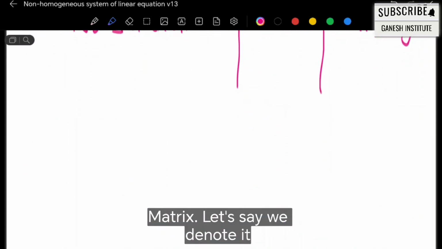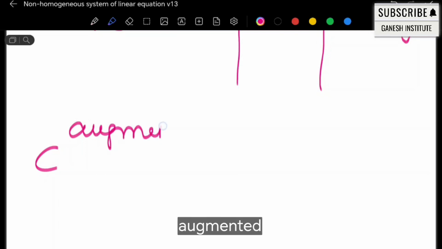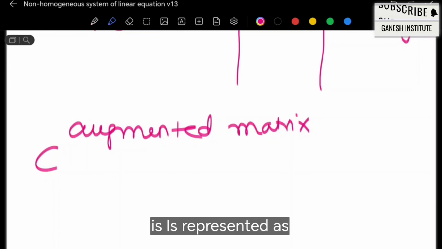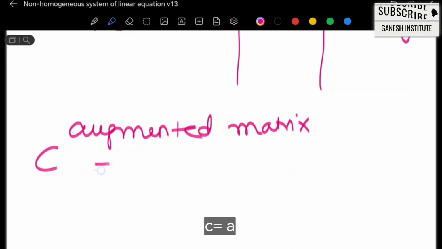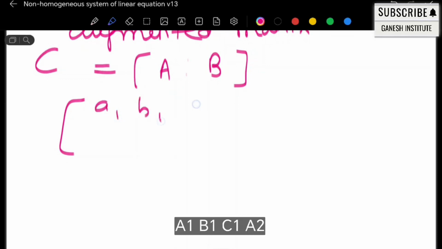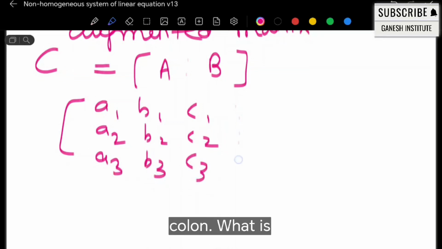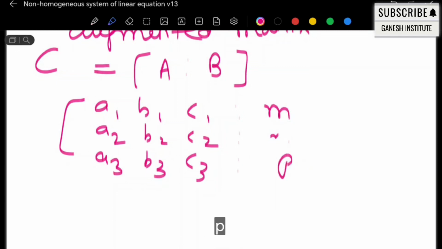Let's denote the augmented matrix by C. It is represented as C equals A colon B. So A is a1, b1, c1, a2, b2, c2, a3, b3, c3, colon B, which is m, n, p.